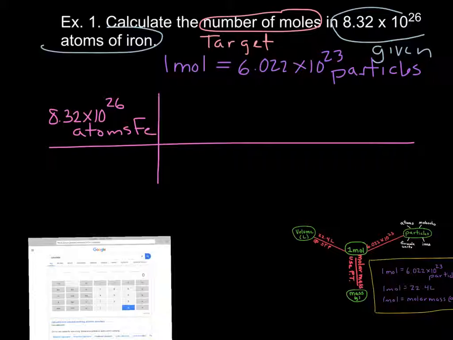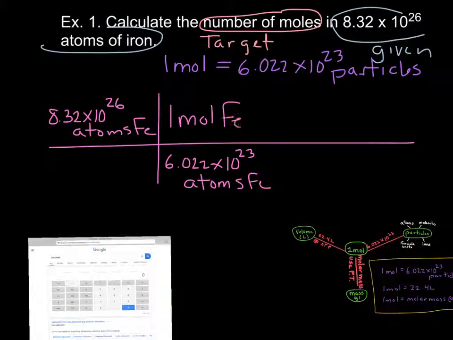We have to get rid of atoms, which are particles, so we're going to have 6.022 times 10 to the 23rd atoms of iron to 1 mole of iron. Notice I'm putting iron at every single step. We need this from here on out. You always have to have the unit and the chemical. Unit, chemical.